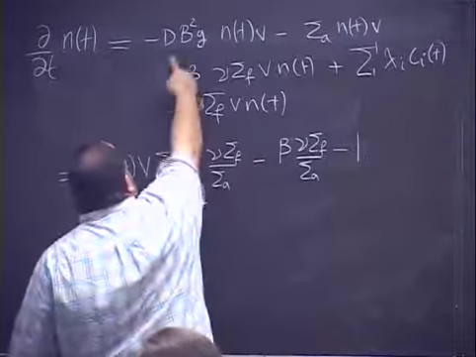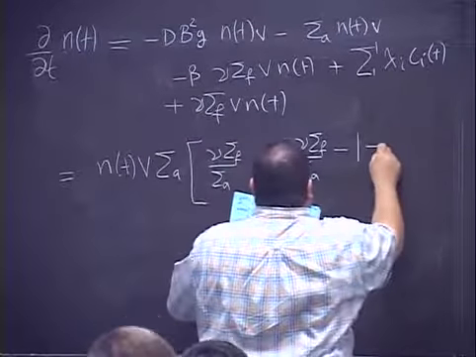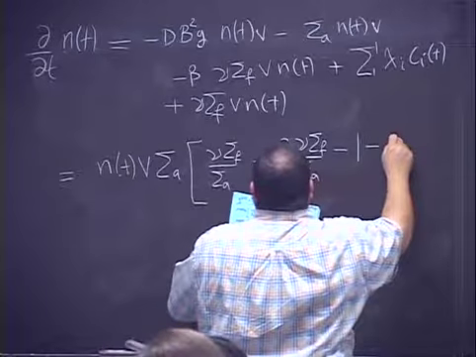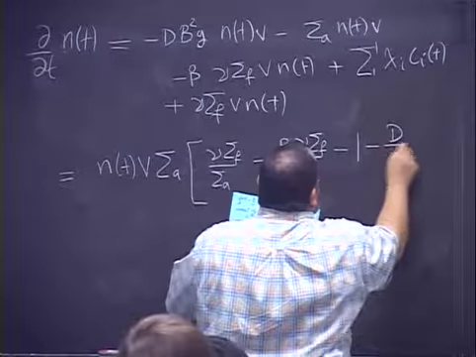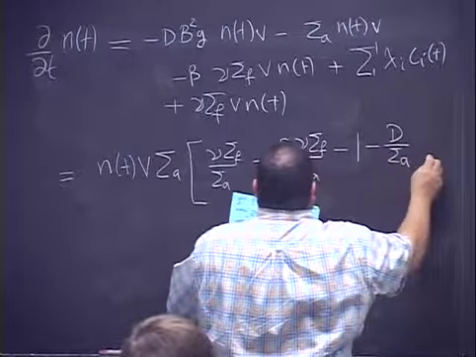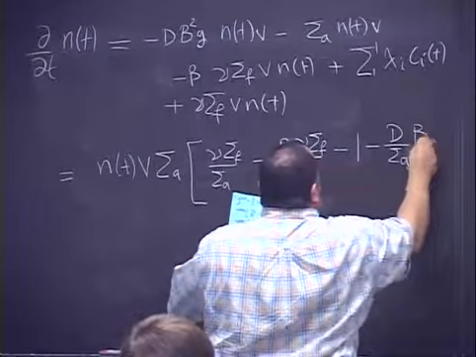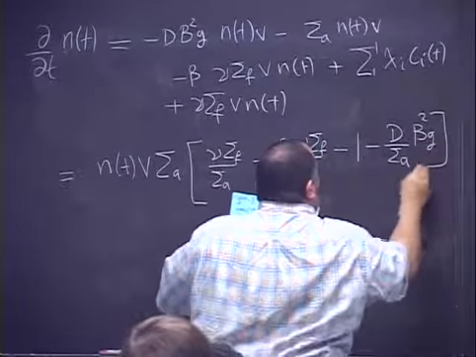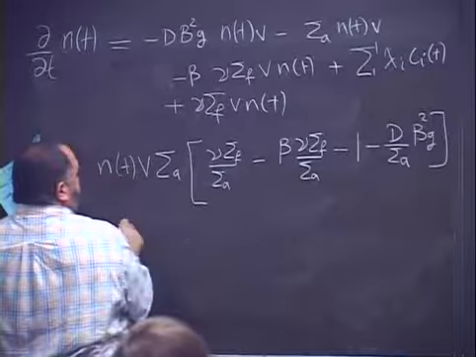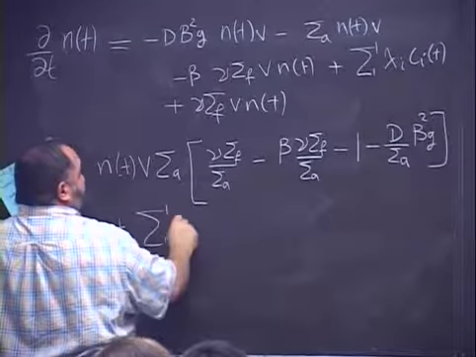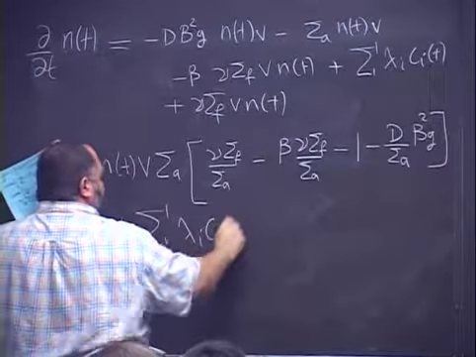And if I take it from this term, it will give me D over sigma absorption multiplied by B square G, all plus the summation of lambda i Ci of t.